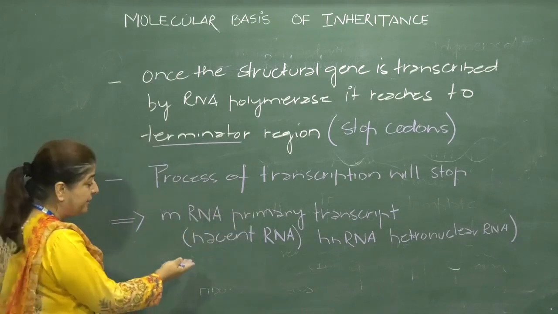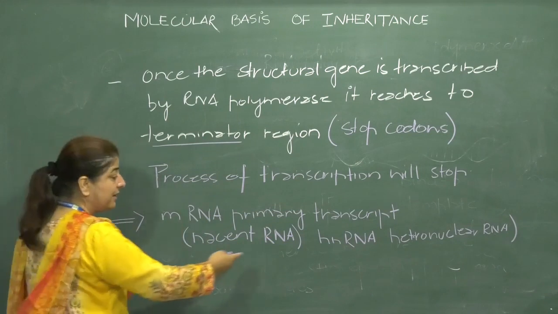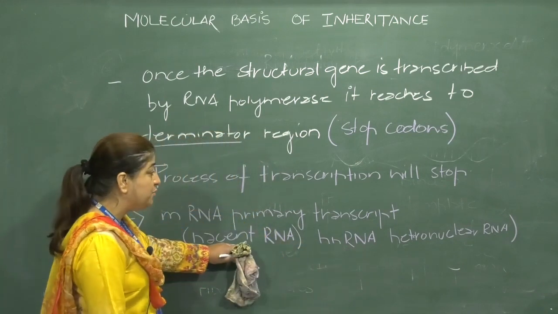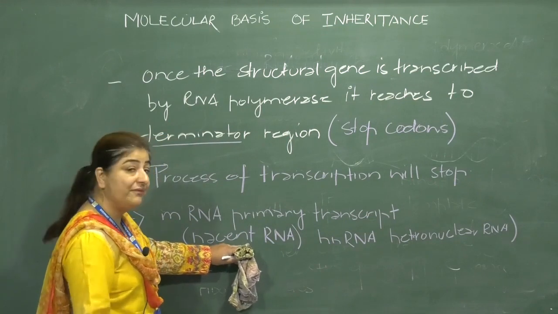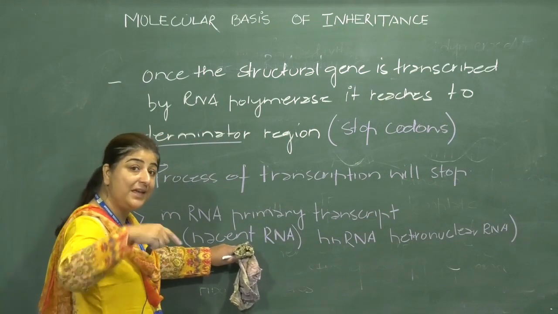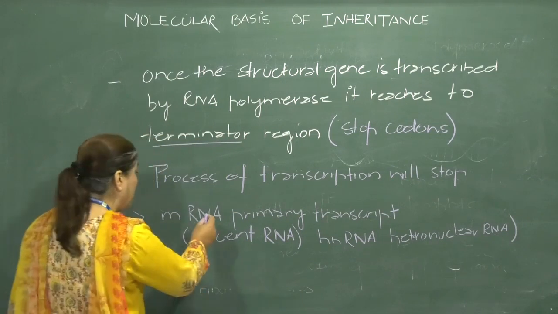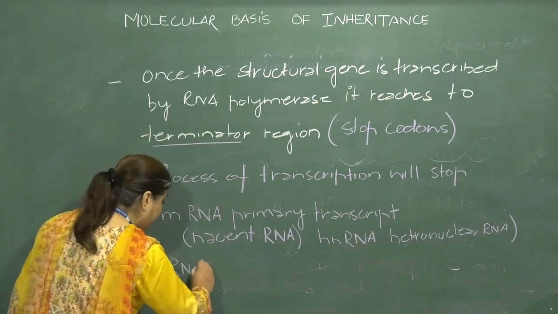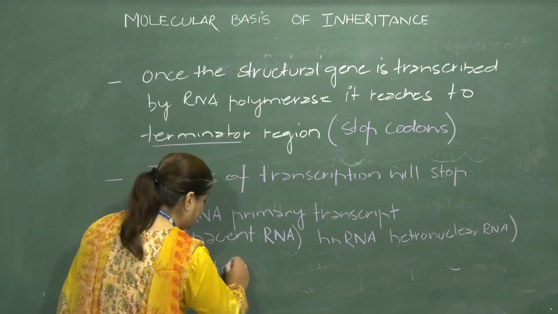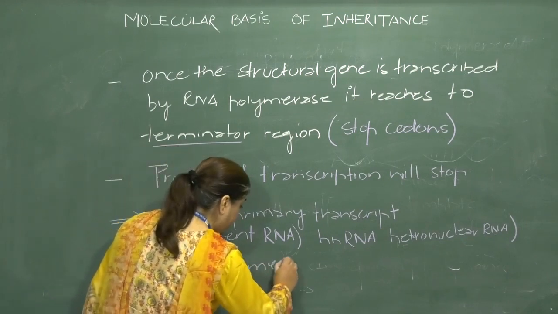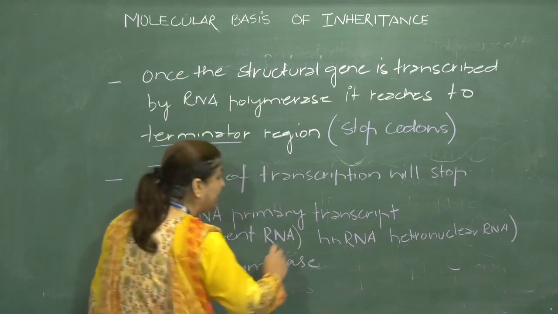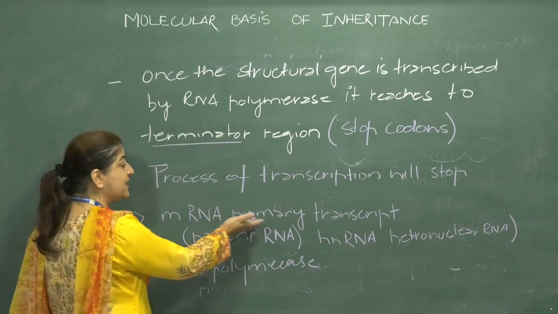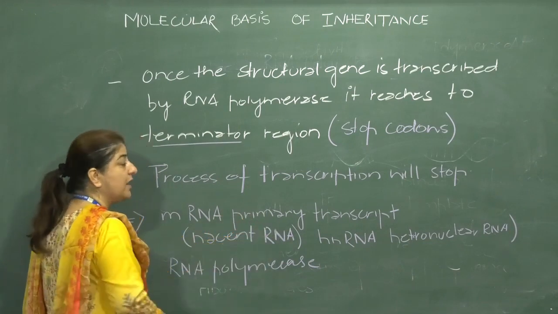This mRNA primary transcript is also known as nascent RNA, also known as heteronuclear RNA, and this mRNA will be synthesized in the nucleus only. Along with this mRNA, we will get RNA polymerase. So, at the end of the transcription, once the transcription is over, what we get? We get this mRNA primary transcript and we get RNA polymerase.